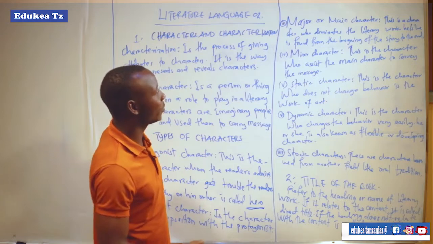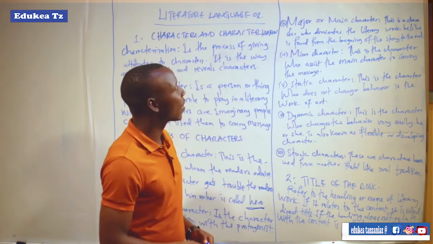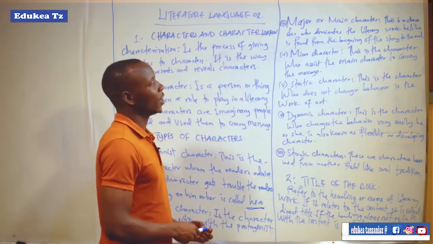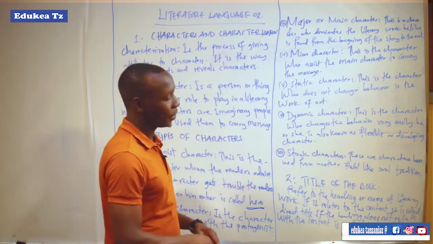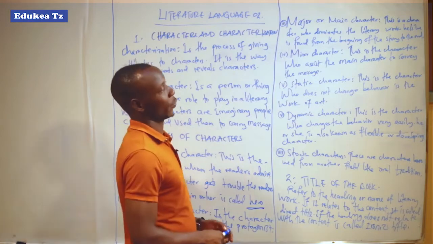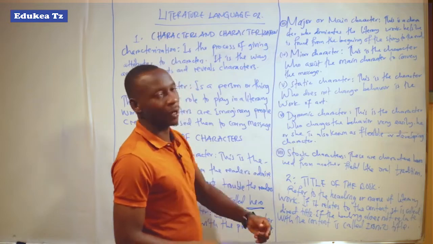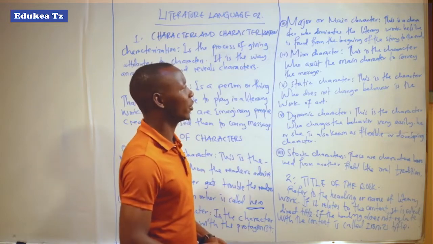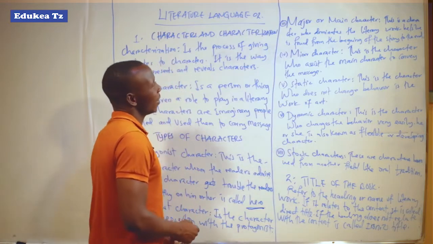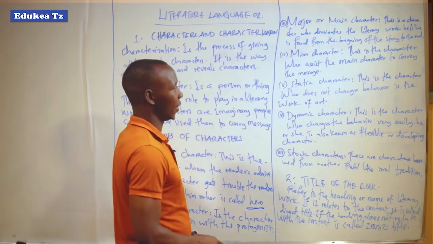They could sometimes play the part of bringing changes in the community, either by improving social services or by encouraging the destruction of the infrastructure that concerns this community. So those major or main characters can be protagonist characters or antagonist characters. And then after looking at the major or the main character, let us see the minor characters.